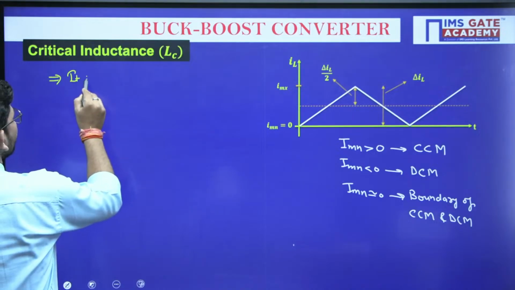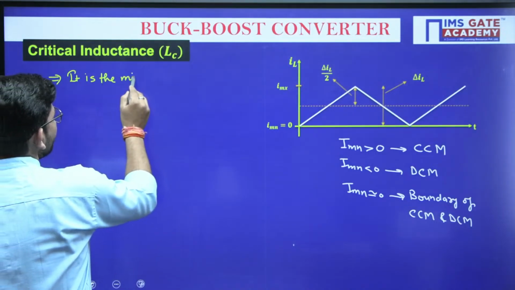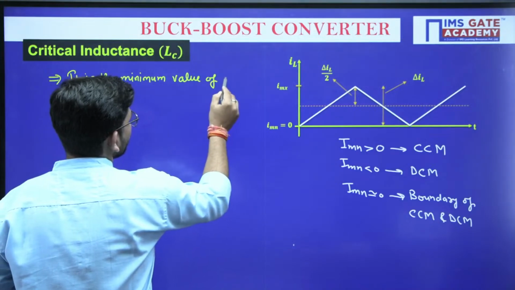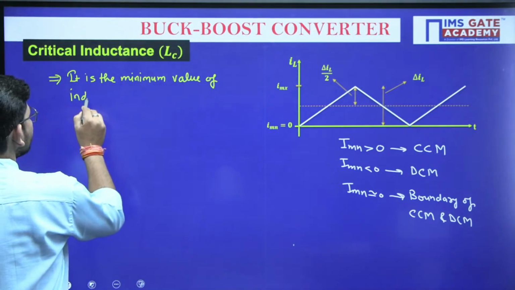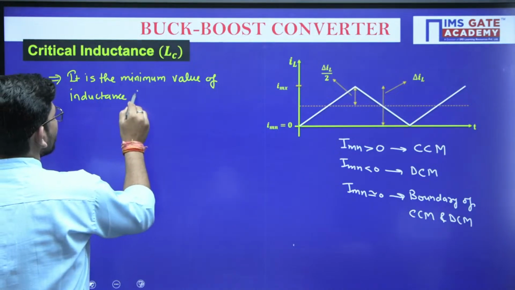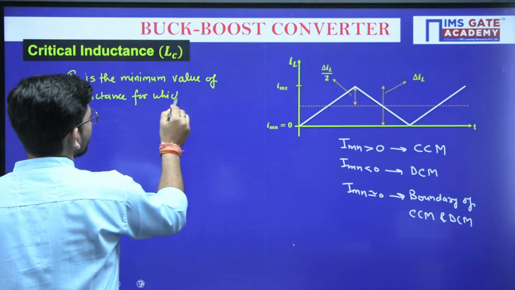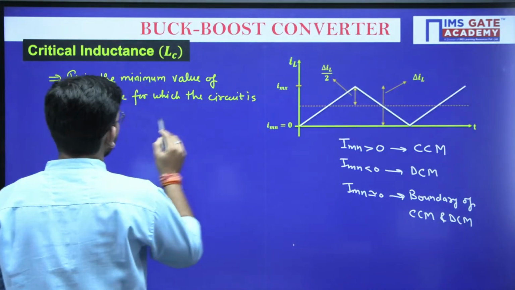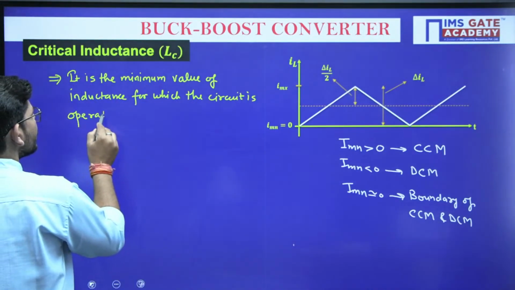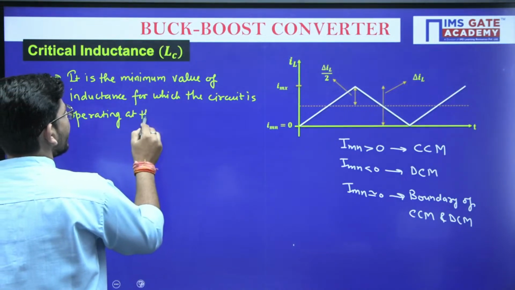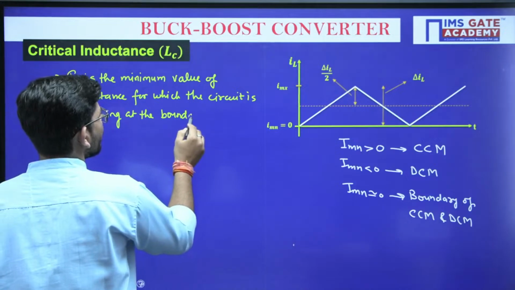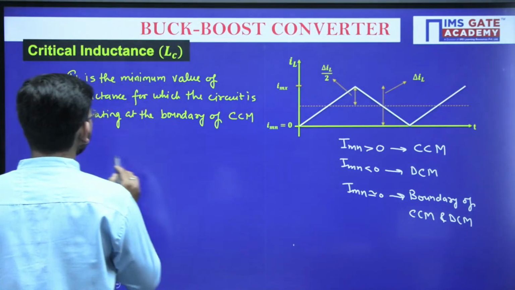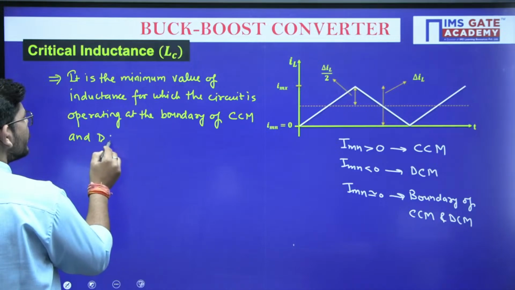it is the minimum value of inductance for which the circuit is operating at the boundary of continuous conduction mode CCM and discontinuous conduction mode DCM.